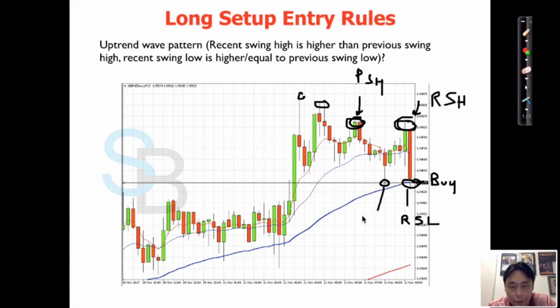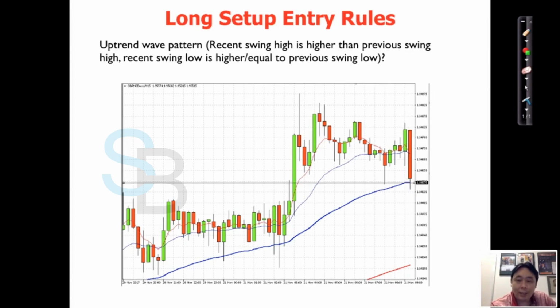So is it at the same point? Well, yeah, more or less, so that's fine. Okay, so this swing low is fine, but the swing high is not fine because it's making lower highs, okay? We want to get higher highs and higher lows or equal lows, right? So this does not match the entry criteria. So I hope that makes it clear.